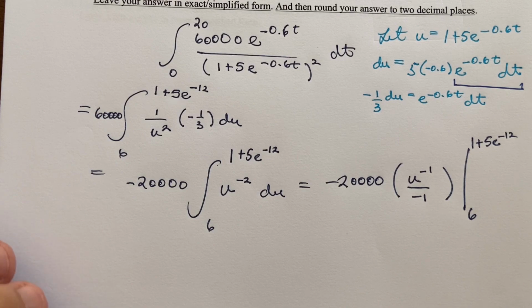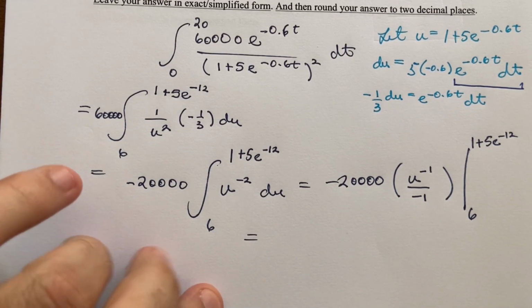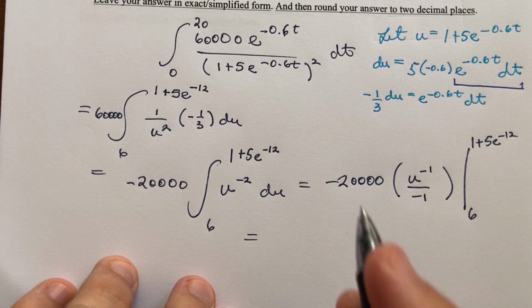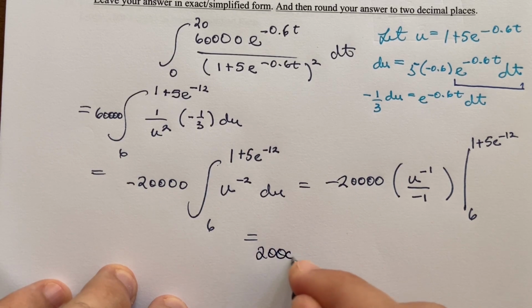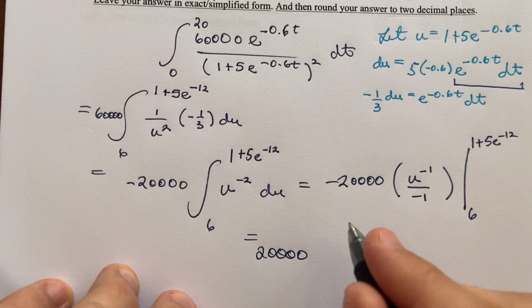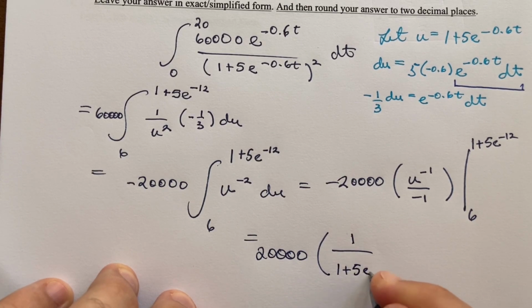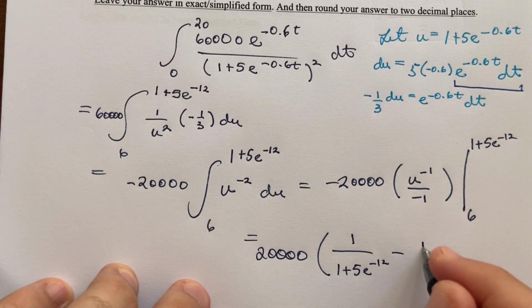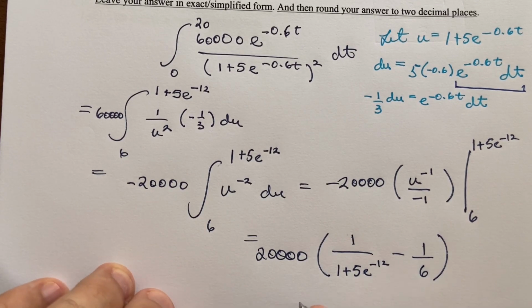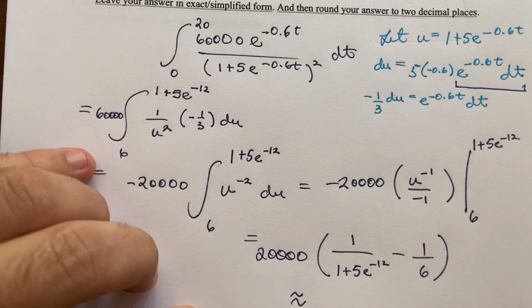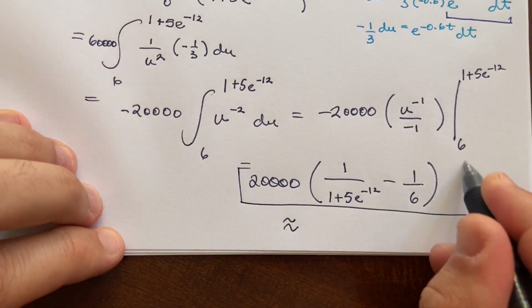Okay, after you plug that in, you'll get something like 20,000 times 1 over 1 plus 5e to the negative 12 minus 1/6. And that's about equal to, so I'll leave it there.